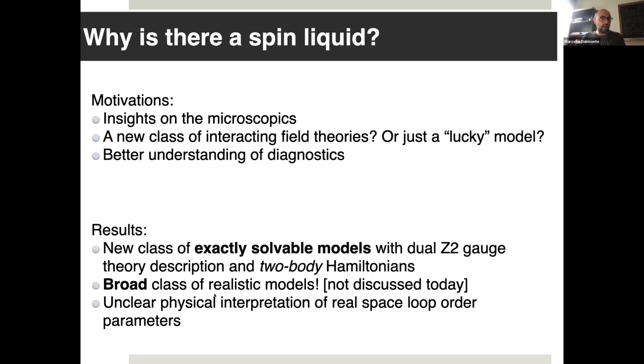I will discuss some of this. I will not discuss how this can be realized concretely, this is a bit too long for today. But I would also like to point out that understanding this origin also raises a word of caution on the interpretation of these loop operators that I mentioned before.